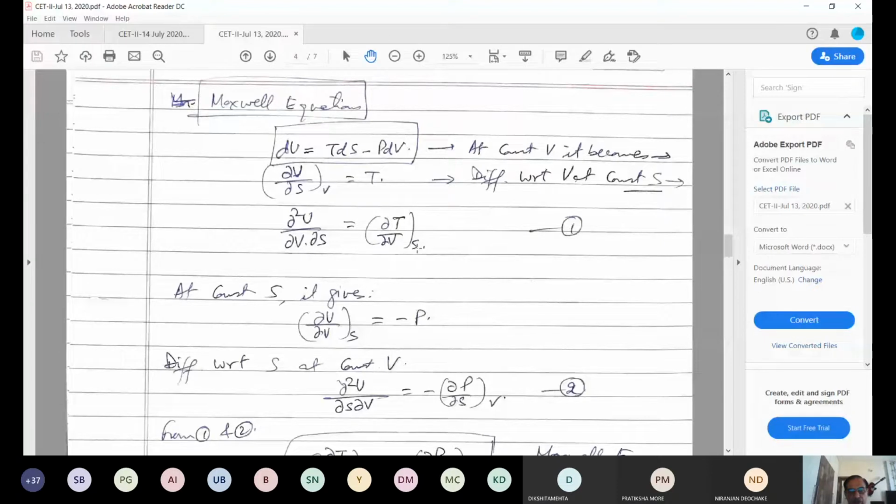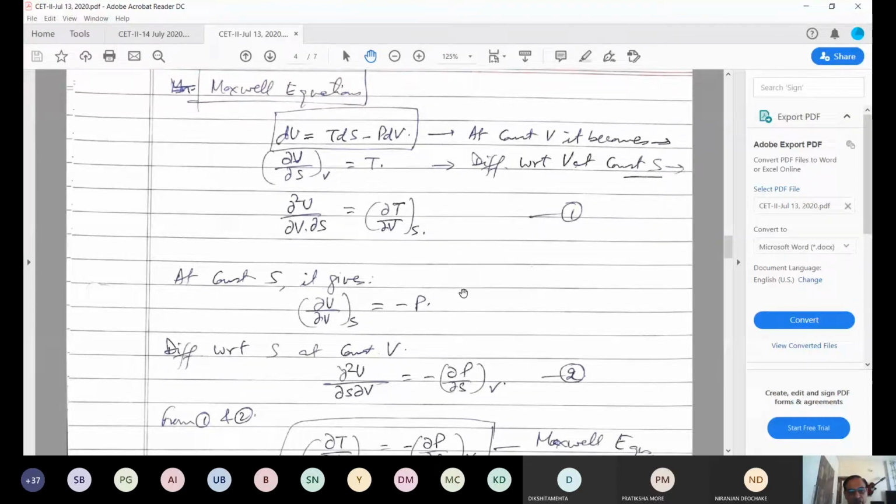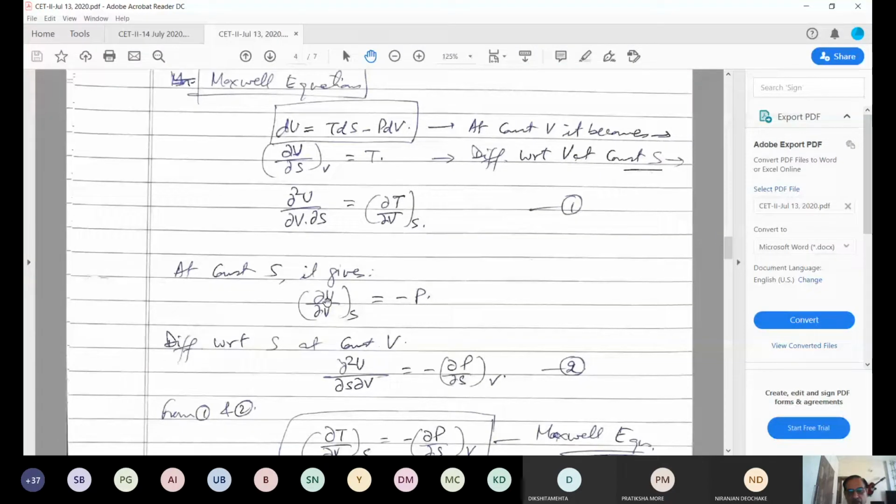What you get is ∂U/∂V at constant entropy is equal to minus P. Next we differentiate with respect to S at constant volume. One time constant S, second time constant V. So we get ∂²U/∂S∂V is equal to minus ∂P/∂S at constant volume.